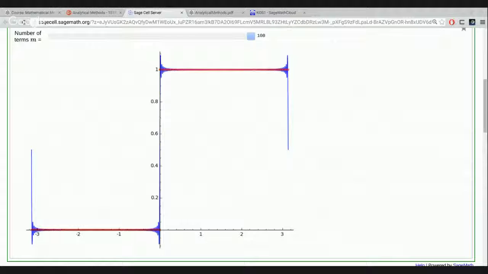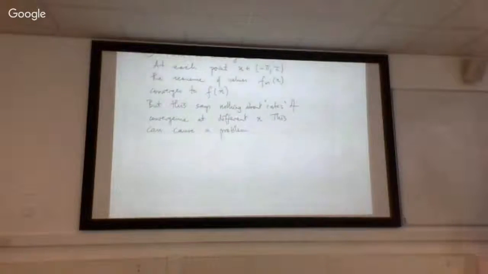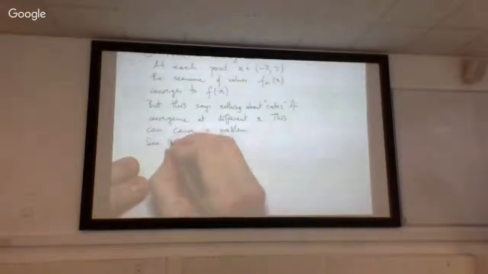And it's in situations like that where you're not allowed to do the term by term differentiation. So, see the square wave example.